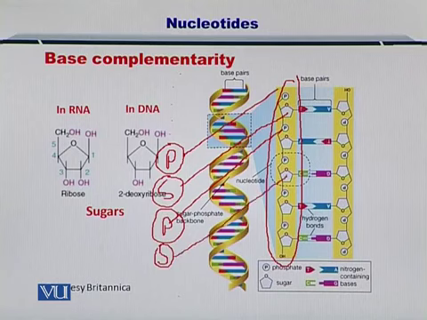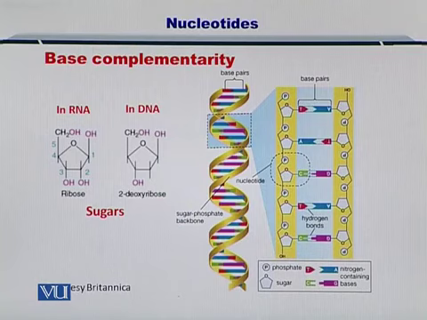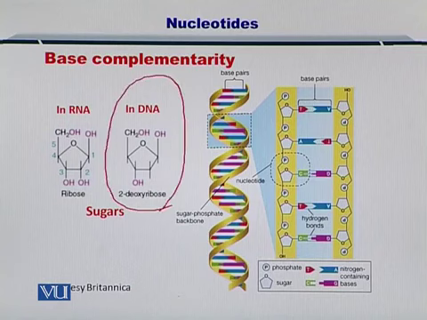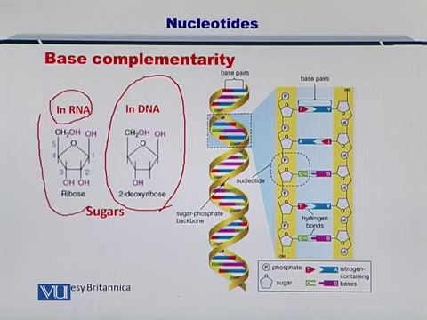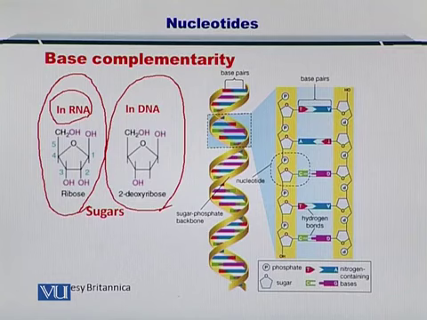So this backbone differs between the DNA and the RNA by the sugars. In case of the DNA, the sugars are 2-deoxyribose, while in case of the RNA, it's just the simple ribose. So remember this difference in the sugars between the DNA and the RNA.